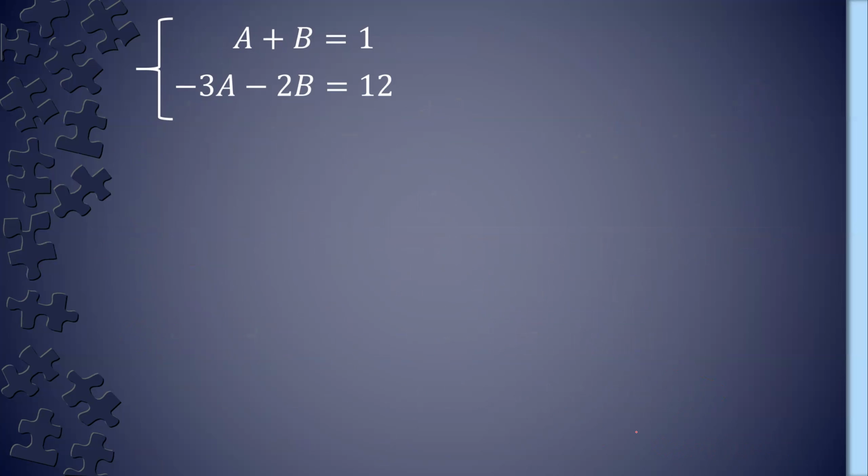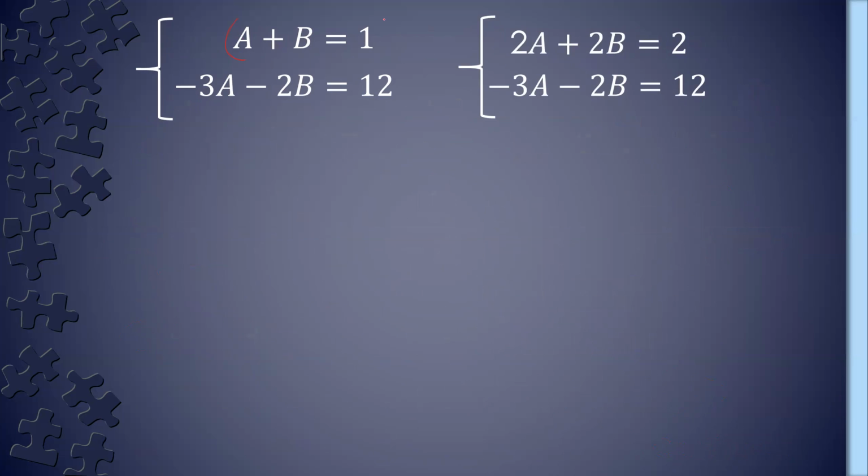And I'm going to solve this system of equations by the elimination method, by multiplying both sides of the first equation by 2. And I'm going to add those together to eliminate B. So negative A is equal to 14, so A is negative 14.